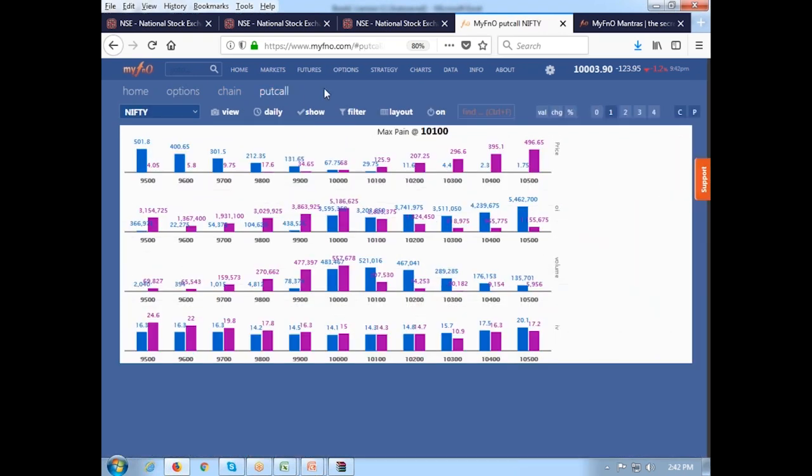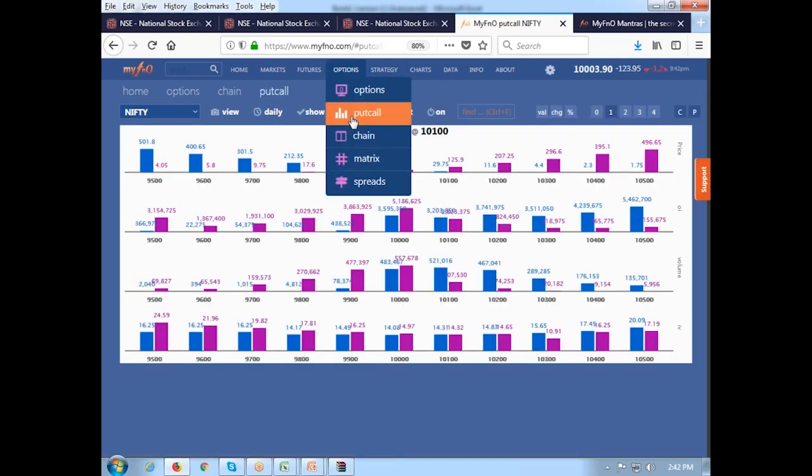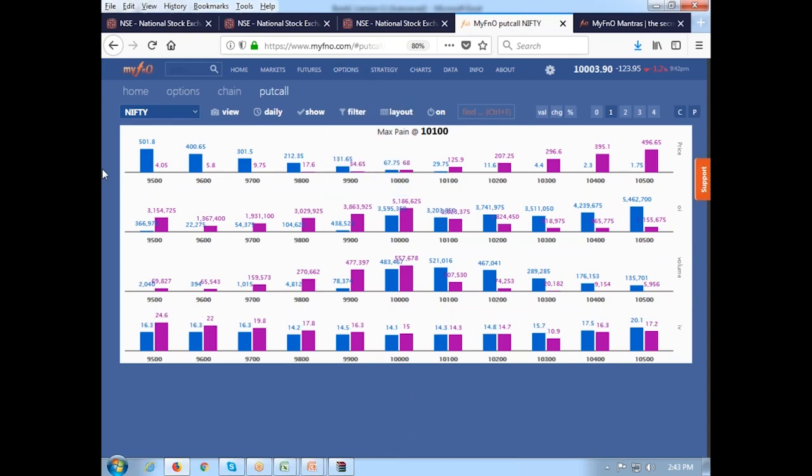In fact, the bar format of this put call provides a lot of insights in terms of OI distribution, how the open interest is distributed in the underlying contract, and how to infer your trading position, how best to take a trading position with this data once we complete the OI chapter.